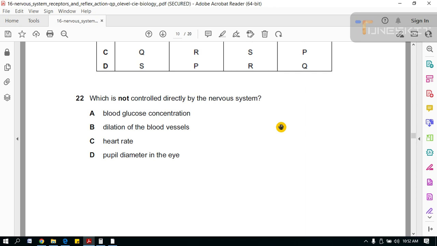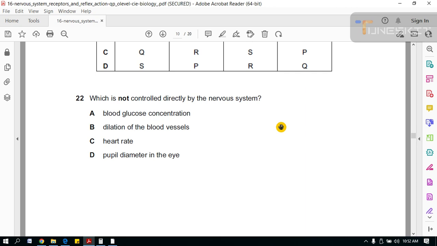Okay, so the pupil diameter in the eye is not under the direct control of the nervous system, because its diameter is controlled, you can say, by light.